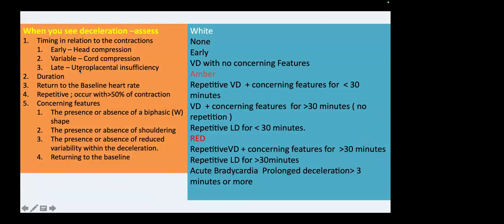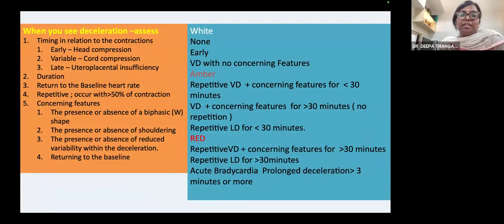First is timing the decelerations, whether it is early deceleration, variable deceleration, or late deceleration. Early is because of head compression, variable is because of cord compression, late is uteroplacental insufficiency. So early and variable are normal in labor.